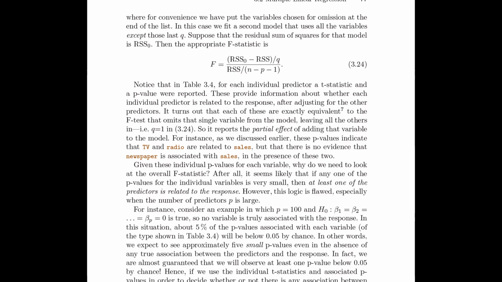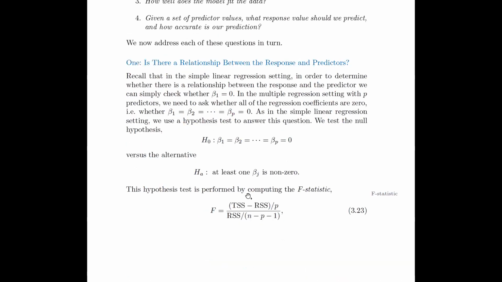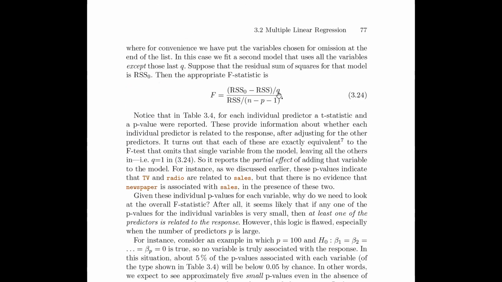Then the appropriate F-statistic is this one over here. Interesting. So we've replaced the total sum of squares. You might have to put them side by side. What's interesting is that these two p's, only one of them has changed.